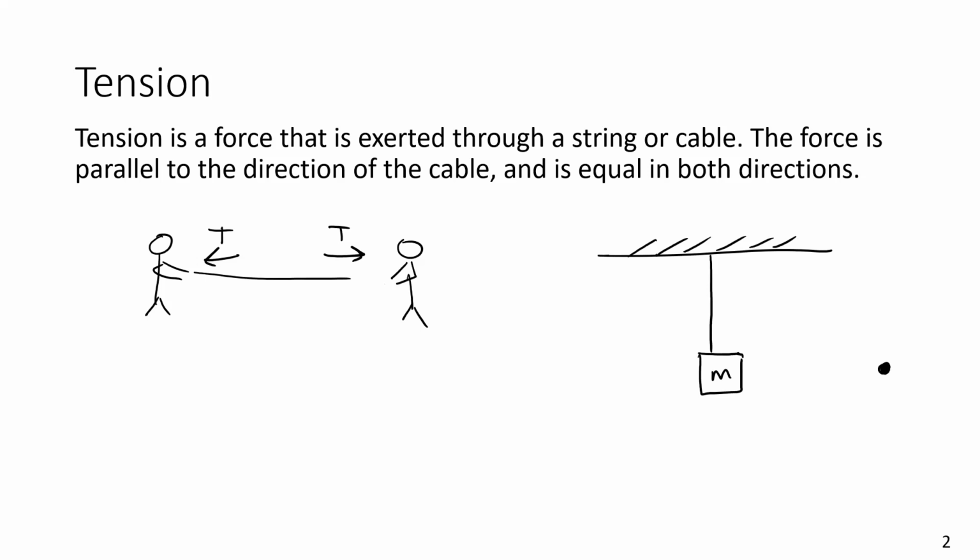Gravity wants to accelerate that mass downward, so that's a force of gravity downward. But now it's tension that is holding the thing upward. It's pointing up. And commonly you could just label it as T.